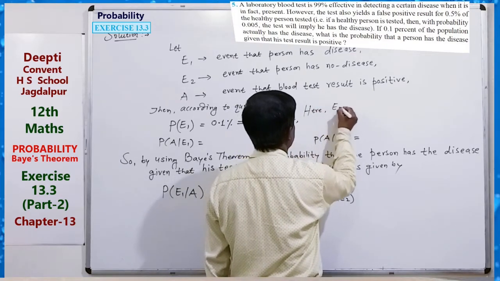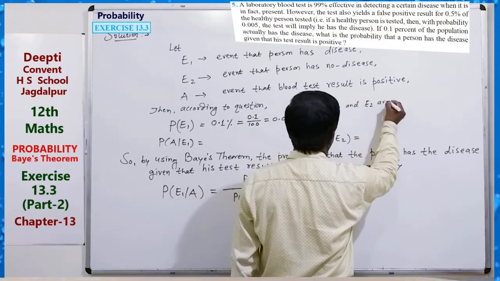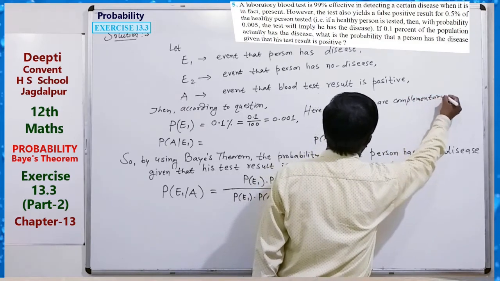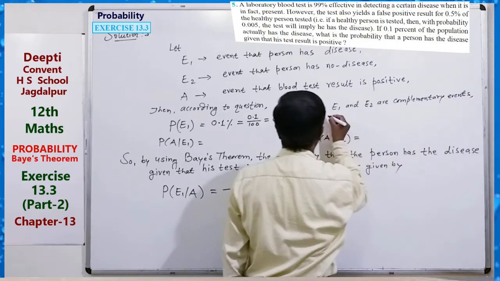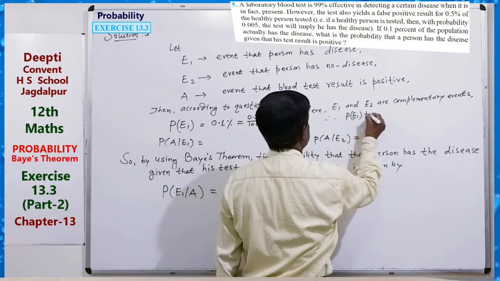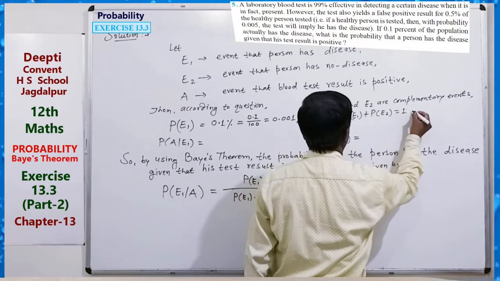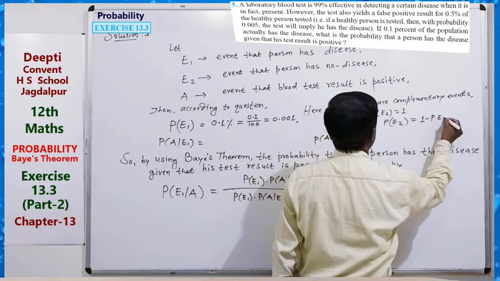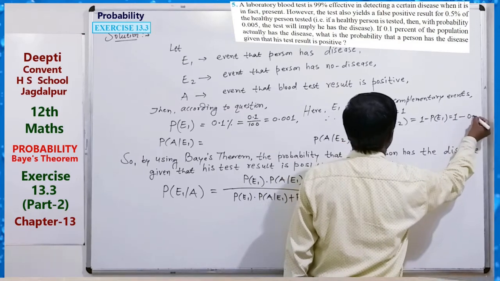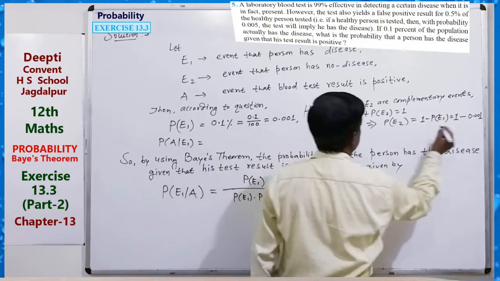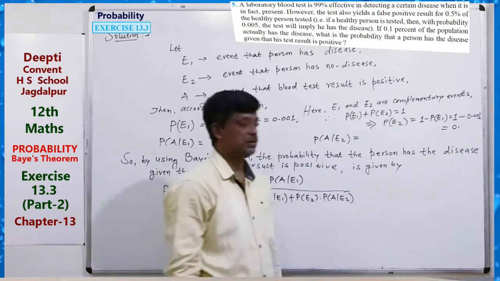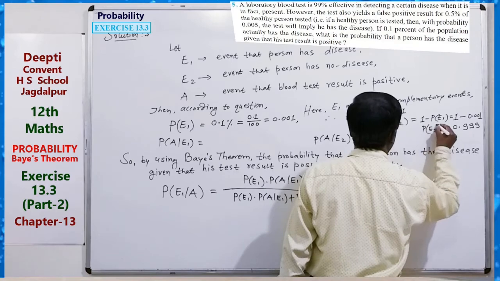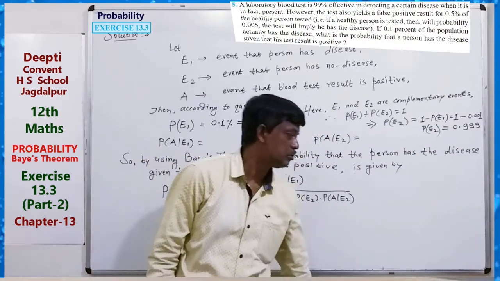Since E1 and E2 are complementary events, therefore P(E1) plus P(E2) equals 1, which implies P(E2) equals 1 minus P(E1), that is 1 minus 0.001 equals 0.999.